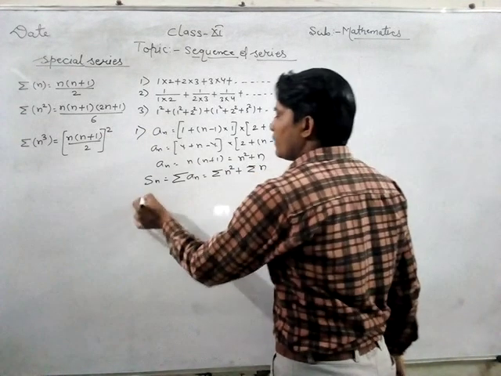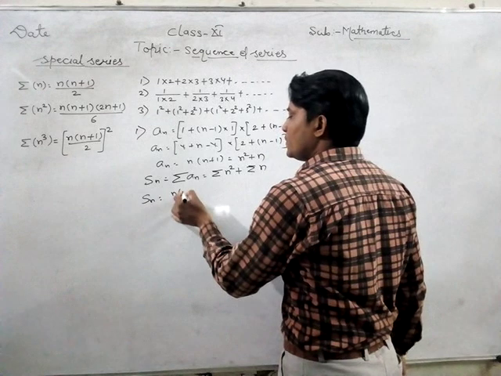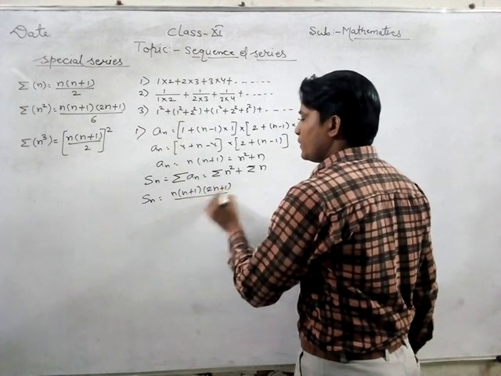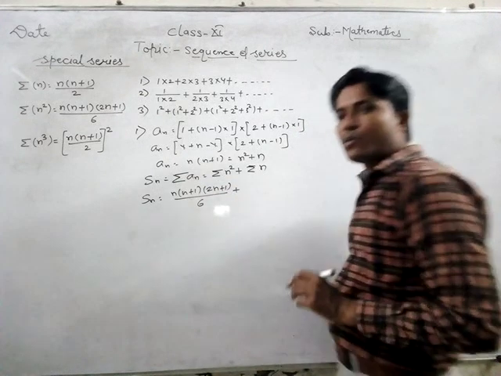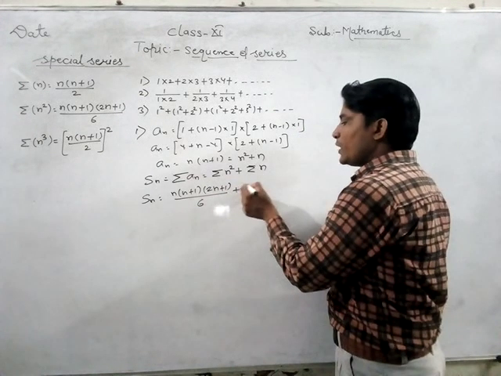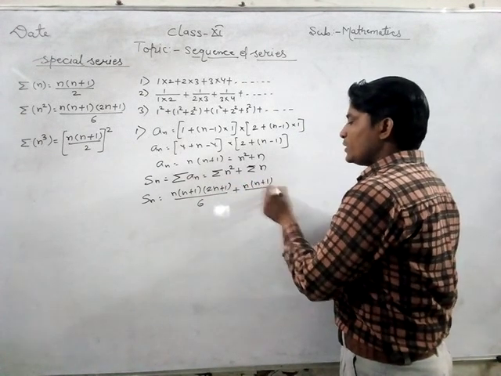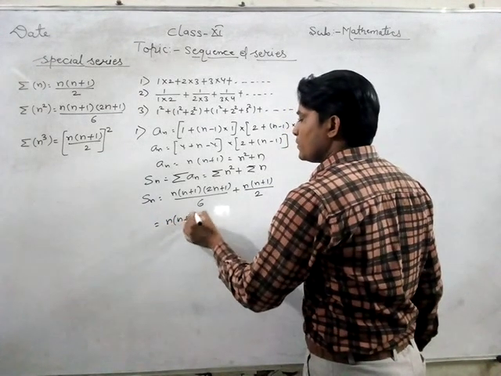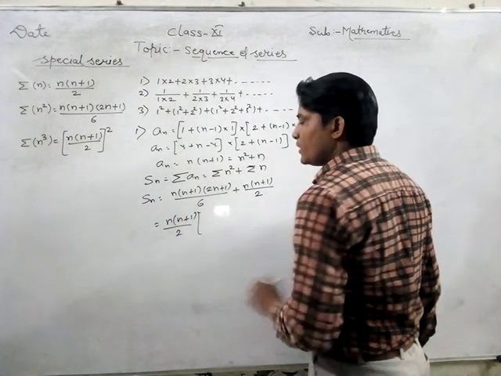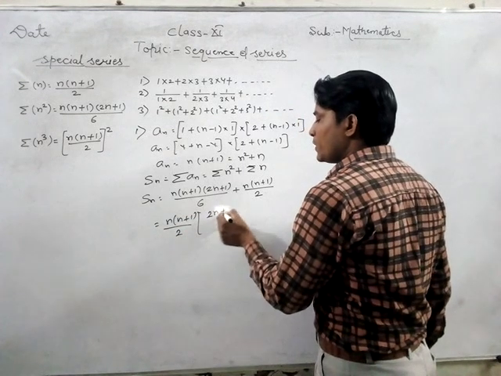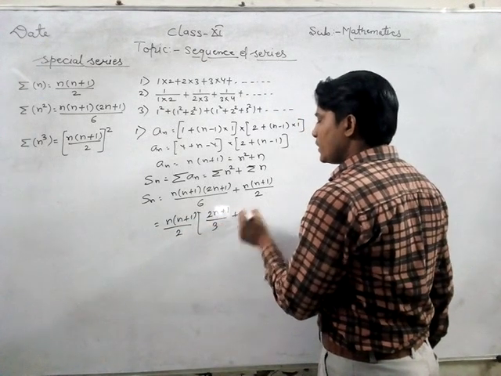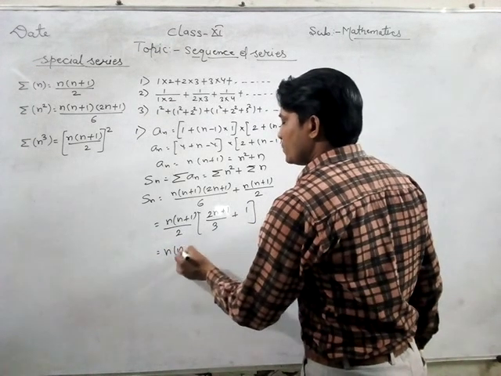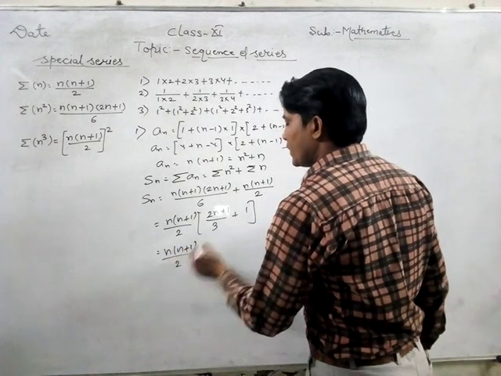If we put them in, Sn is n into n plus 1 into 2n plus 1 divided by 6, plus the second term n into n plus 1 divided by 2. After taking n into n plus 1 divided by 2 common, we get 2n plus 1 divided by 3, plus 1.